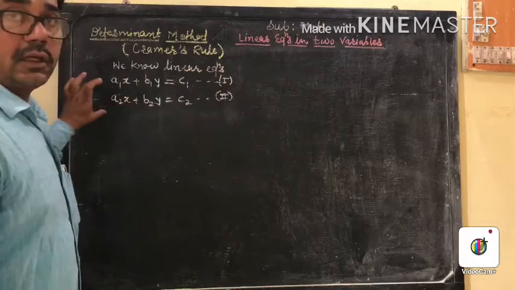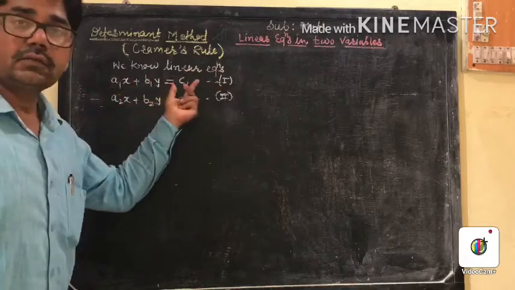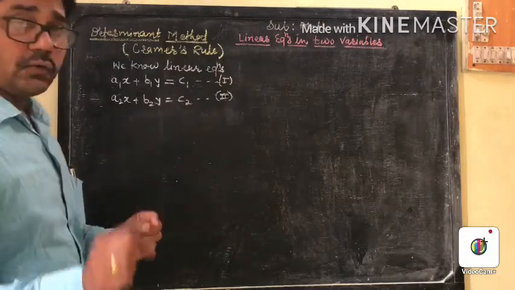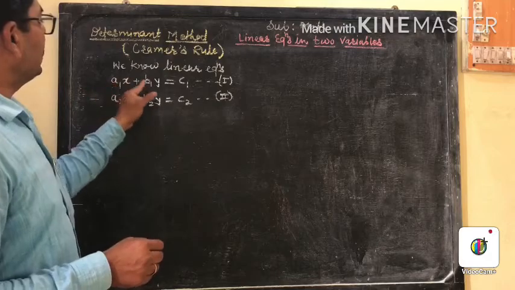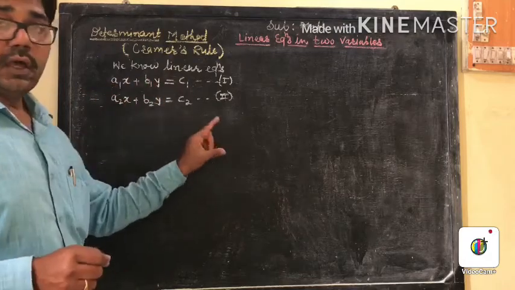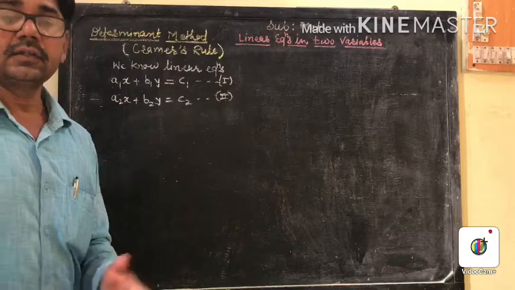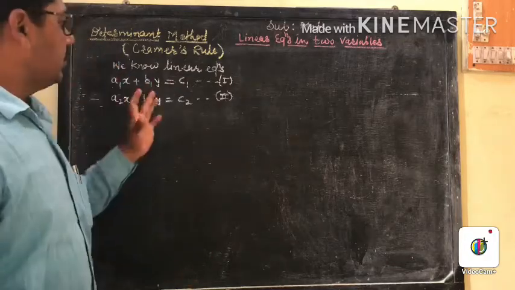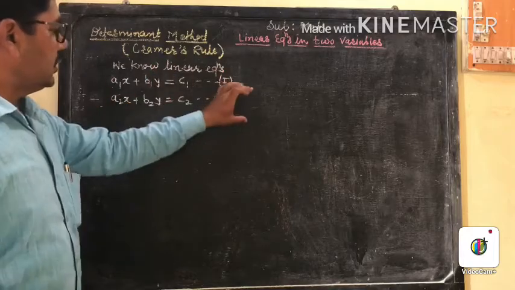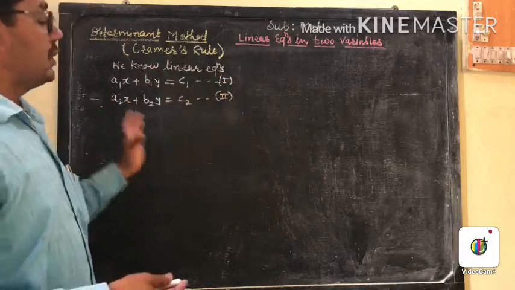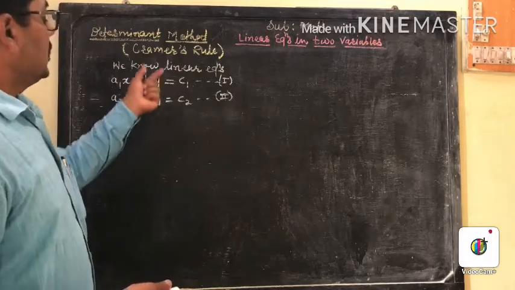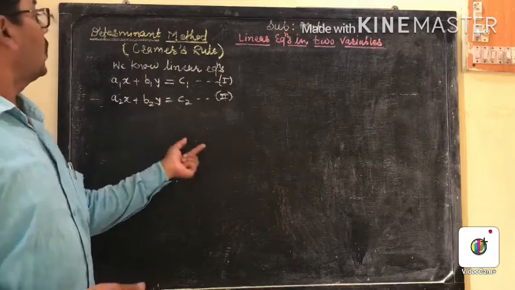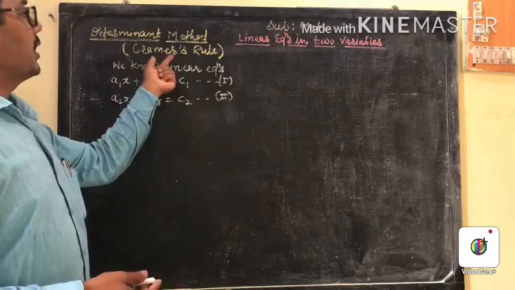If we solve these two linear equations simultaneously, we will get values of x and y in terms of a1, b1, c1, a2, b2, c2, and then we convert the values in terms of determinants. Gabriel Cramer represented this method, so this method is also known as Cramer's rule.